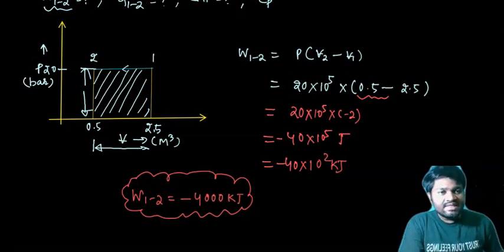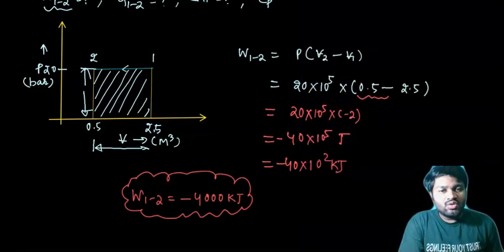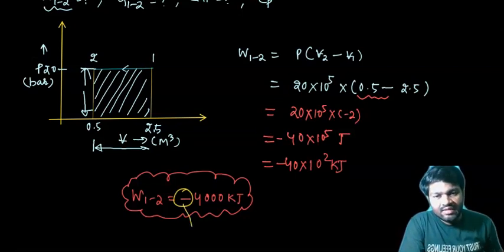Here this negative sign is simply indicating that this work is given to the system. That means during a compression process definitely we have to supply some work to the system, right? So this negative sign is indicating that this amount of work is given to the system.